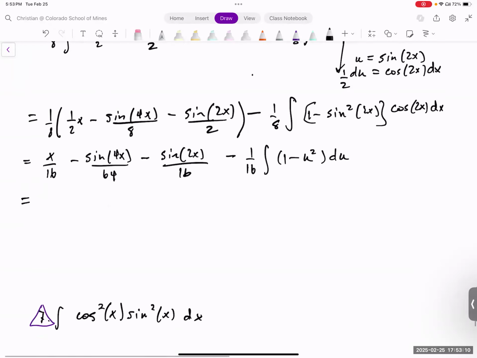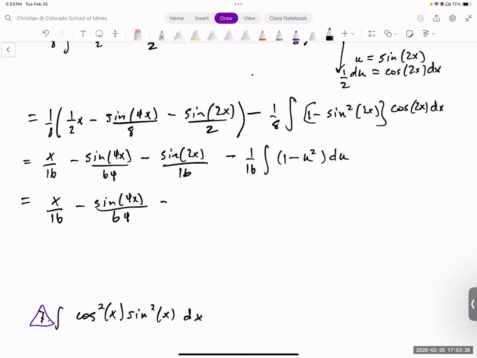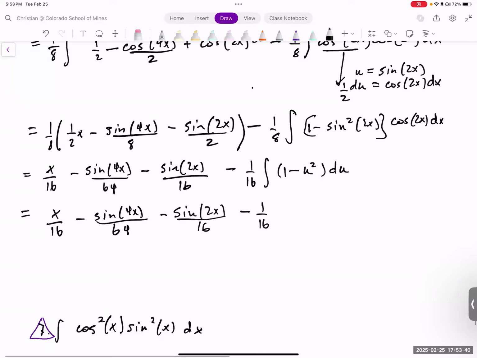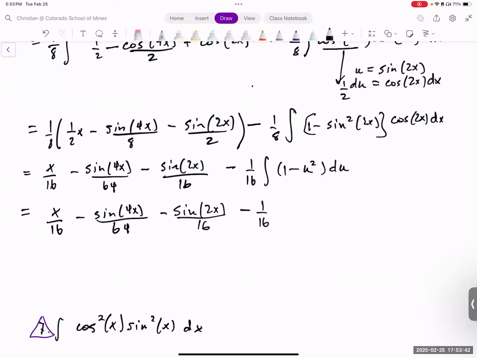Okay, so x over 16 minus sine 4x over 64 minus sine 2x over 16 minus a 16th. Our antiderivative is u minus u cubed over 3, and u was sine 2x.